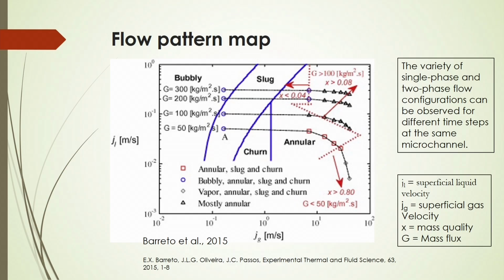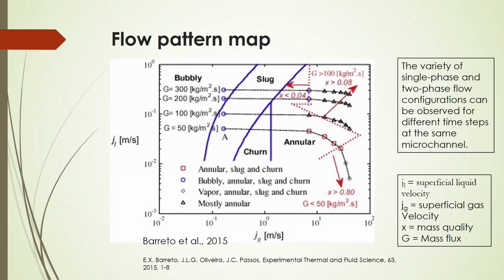Here one typical flow pattern map is shown. As per Barreto et al, they have given this flow pattern map for this monolithic reactor, published in Experimental Thermal and Fluid Science in 2015. As per their experimental observations, they concluded that a variety of single phase and two phase flow configurations can be observed for different time steps in the same microchannel of the monolithic structure.